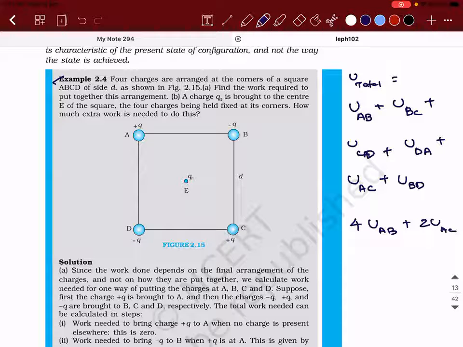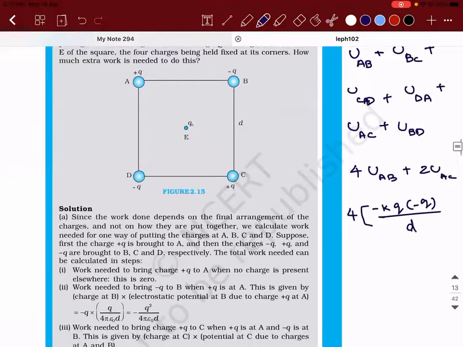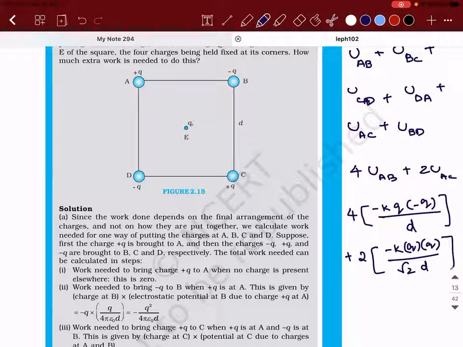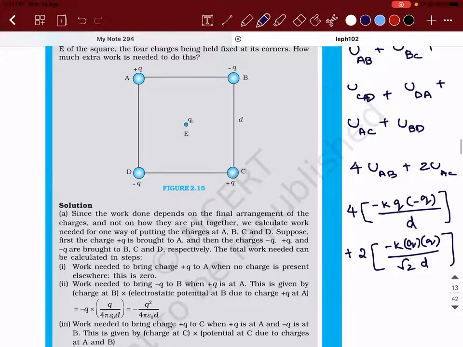Is it simplified? So 4 times, what is UAB? Minus K Q into minus Q divided by the distance of separation between them, plus 2 into minus K into Q into Q divided by root 2 D. Why did I write root 2 D?